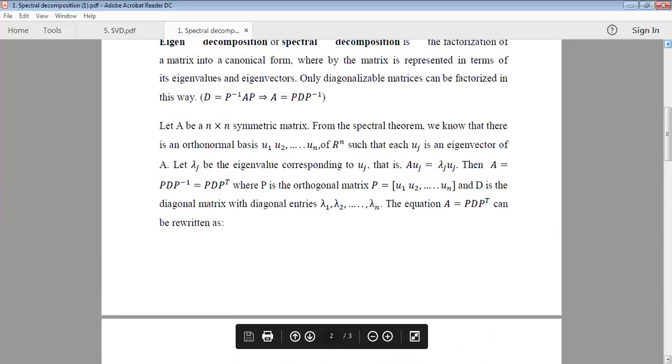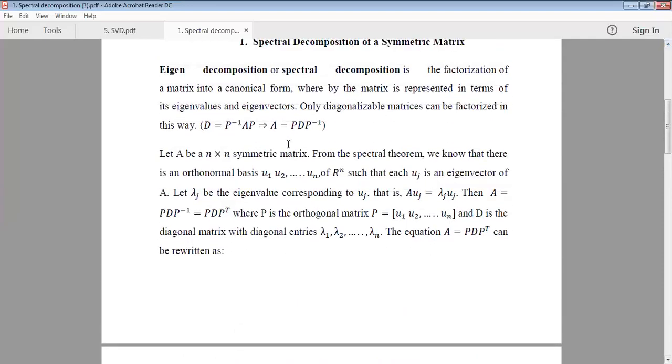So the meaning of this whole thing is, suppose we take an n by n symmetric matrix. We already know that every real symmetric matrix is orthogonally diagonalizable, that is, diagonalizable through an orthogonal matrix.